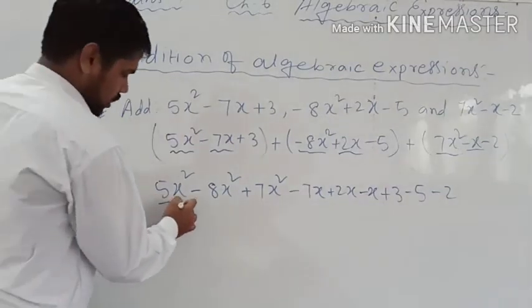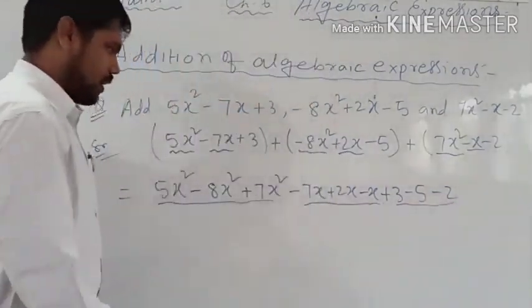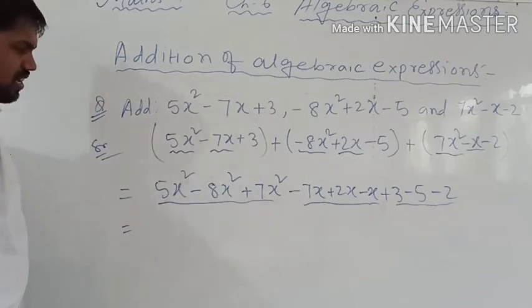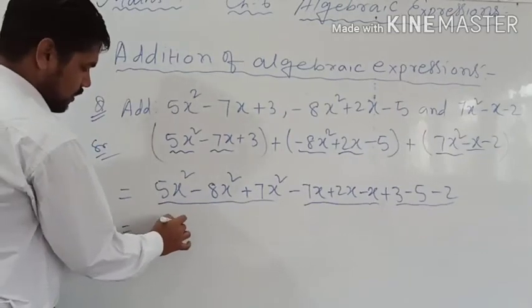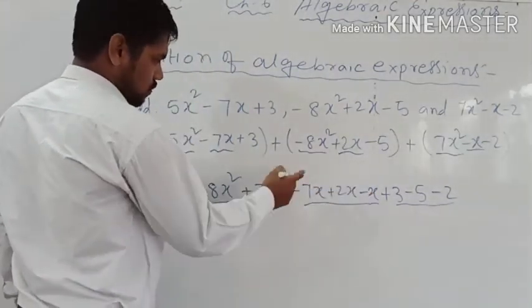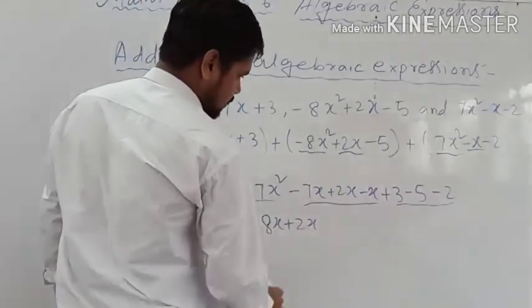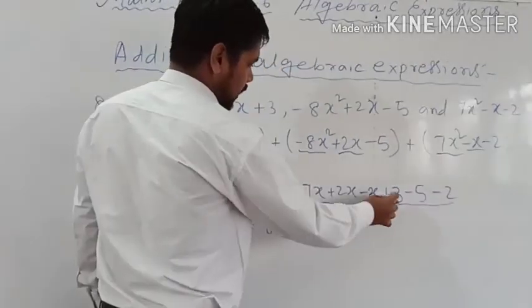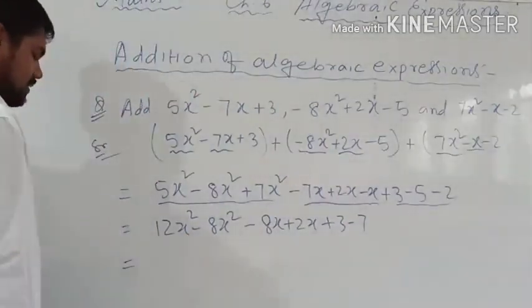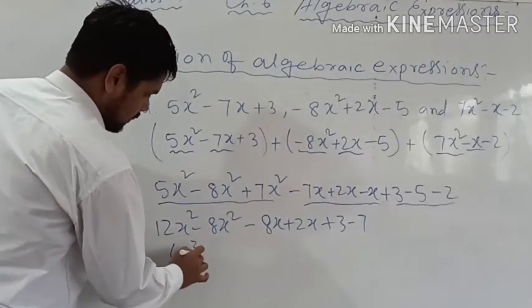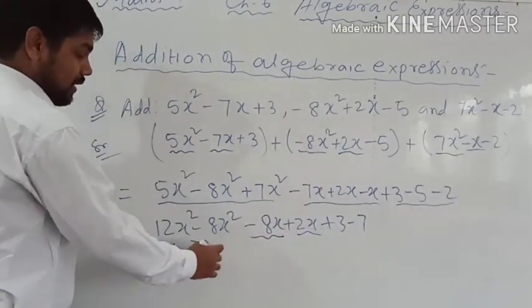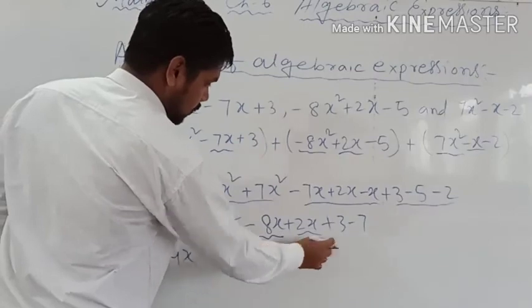Now we will add or subtract these. 7 plus 5 is 12, so 12x square minus 8x square gives 4x square. Then minus 8x plus 2x gives minus 6x, and the minus sign is greater.